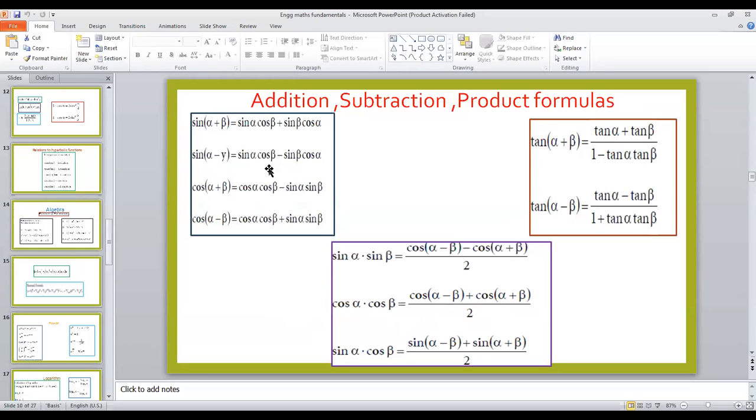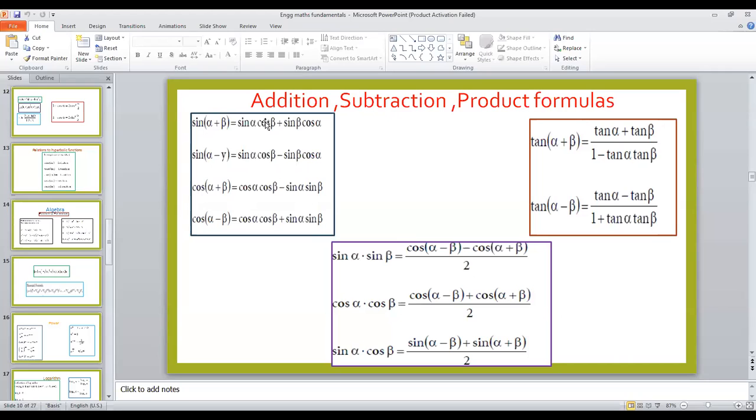Now, these are the addition and subtraction formulas in trigonometric ratios, and they are also important. If you have the addition and subtraction angle formulas, we can convert the product of trigonometric ratios into sum and difference.